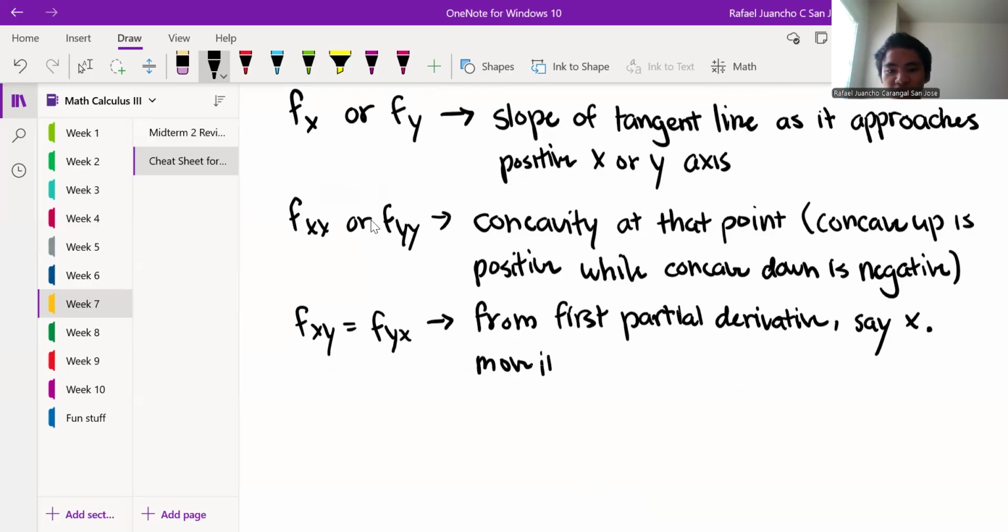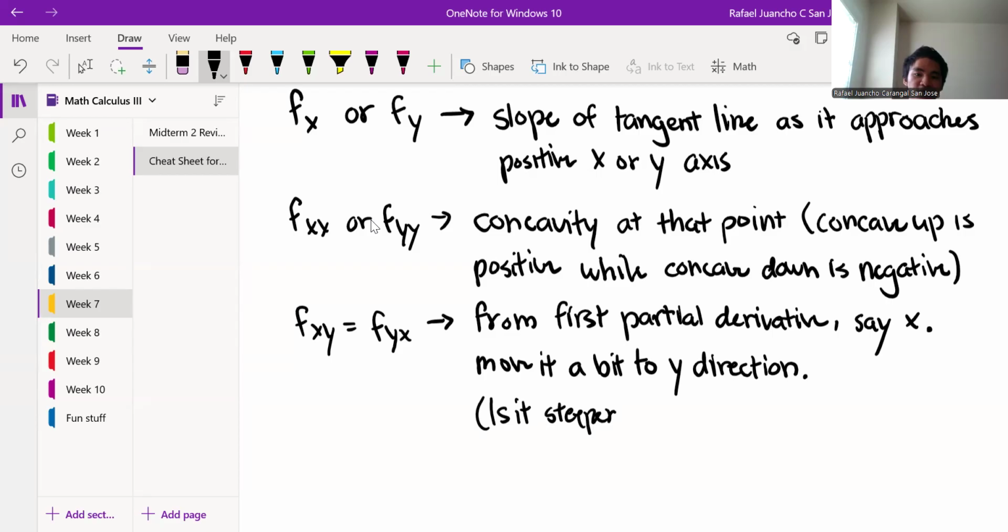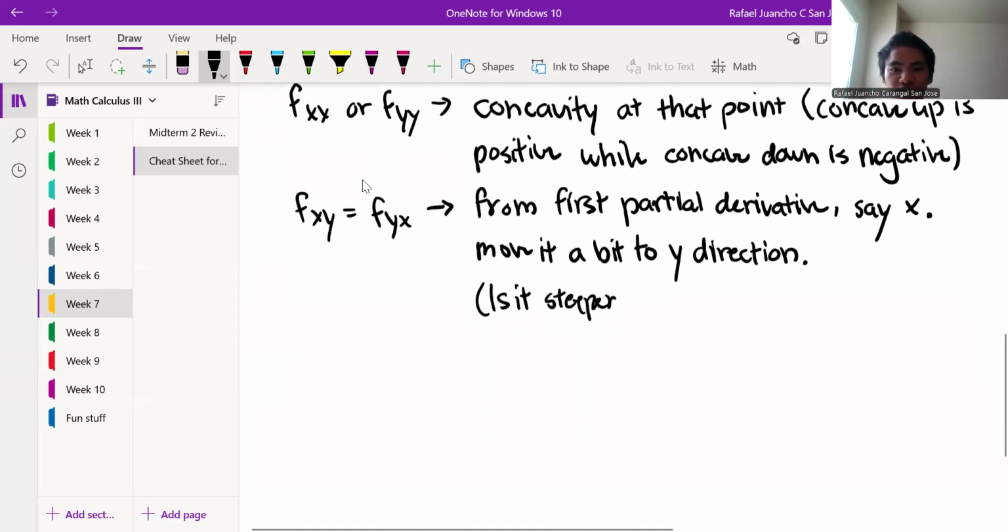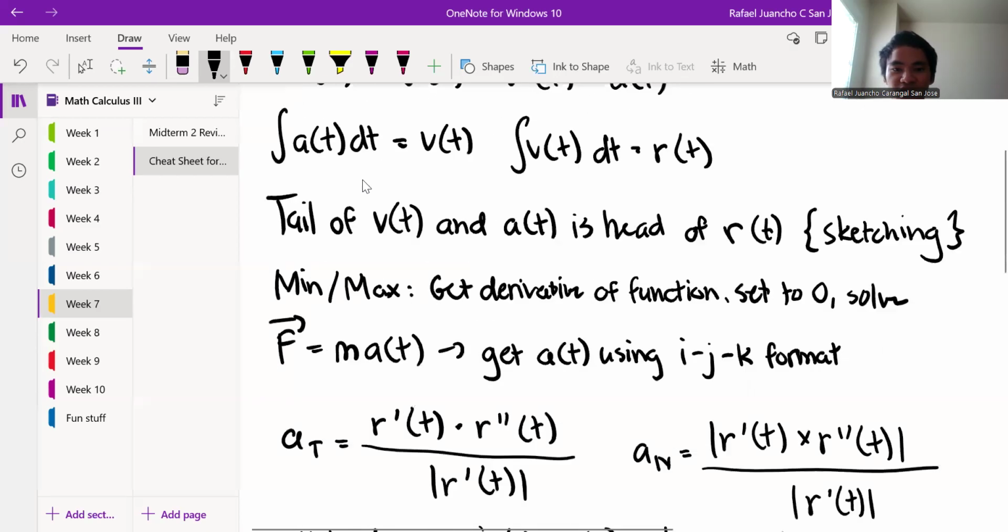Move it a bit to the y direction. Is it steeper? If it's steeper in that direction as we move it to the y, like let's say this thing here.